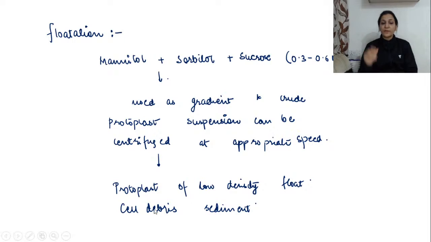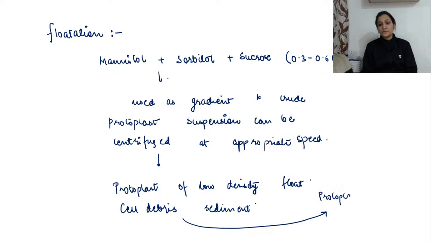In this case, protoplast will be obtained in the first layer. So we'll write over here: protoplast can be pipetted off from the top after centrifugation. So protoplast can be pipetted out.